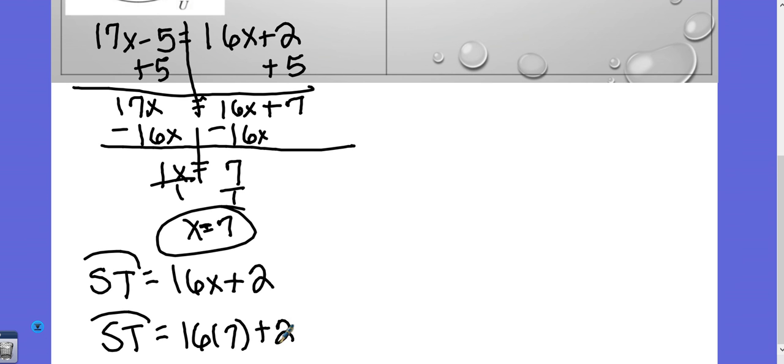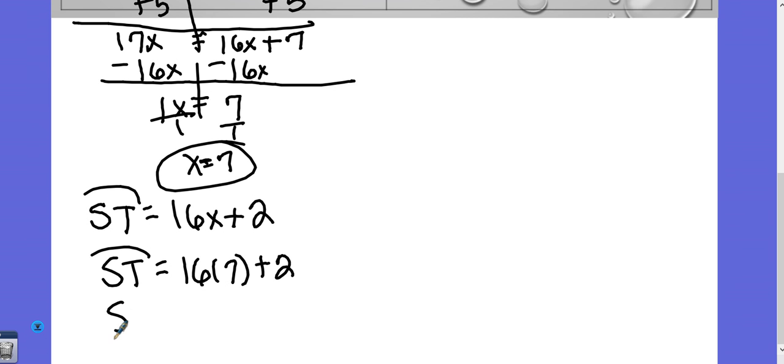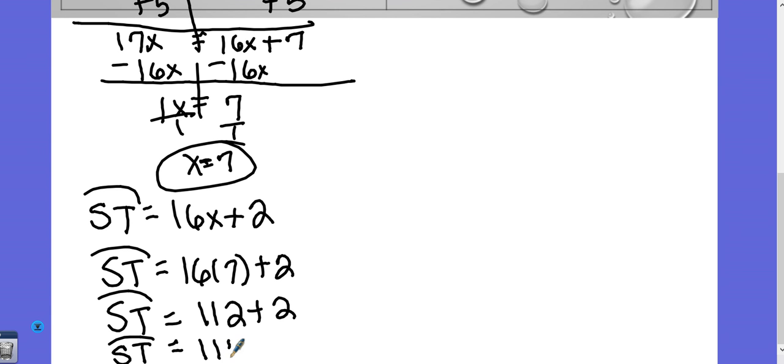And guys, make sure you're careful to read the questions, because sometimes they just ask for x and sometimes they ask for the arc. Okay, so this becomes 70 plus 42 is 112. 112 plus 2. So ST equals 114. Okay, and we're finished.